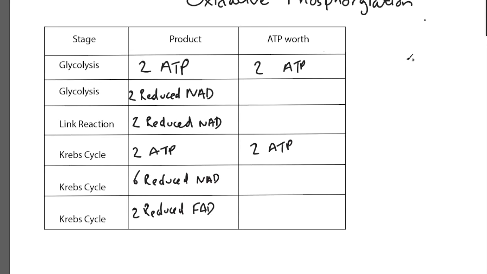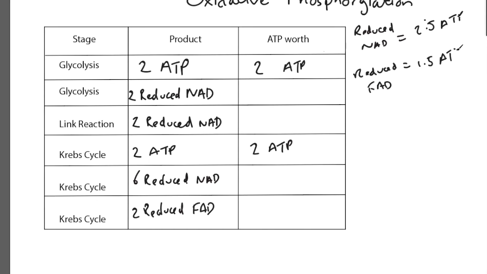Reduced NAD, one of them equals about 2.5 ATP, and the reduced FAD is 1.5 ATP. So you can stick that into your table now and you can work out your worth.